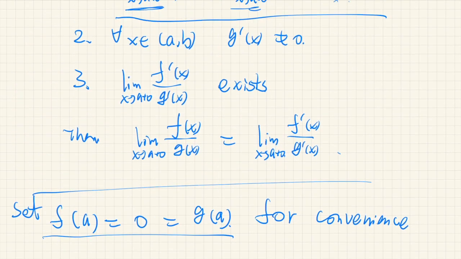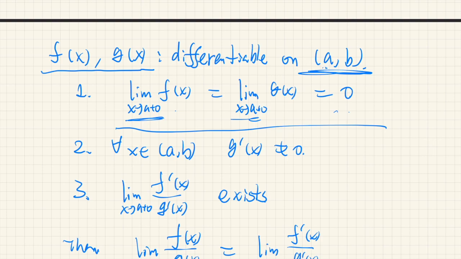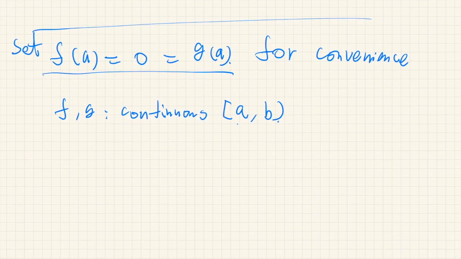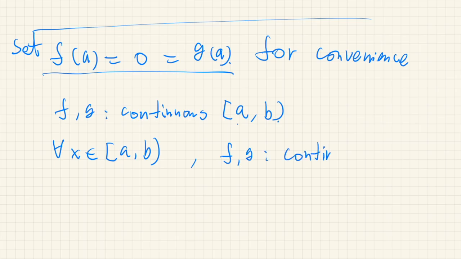And since these functions are differentiable on this open interval, that means they are continuous on that open interval also. So that means for any x in this interval, f and g are continuous on the closed interval between a and x.